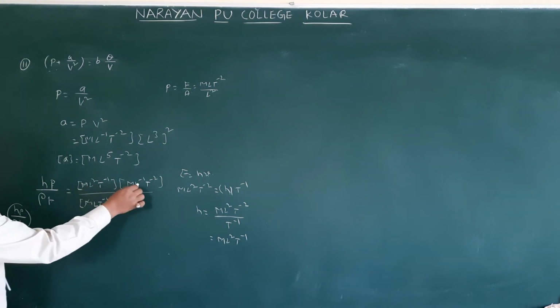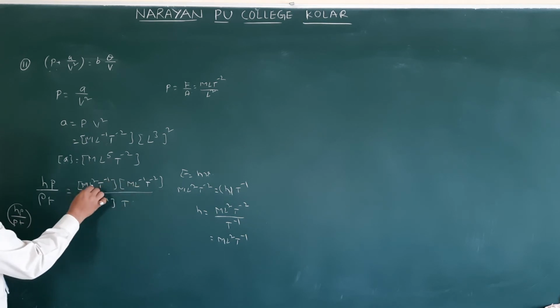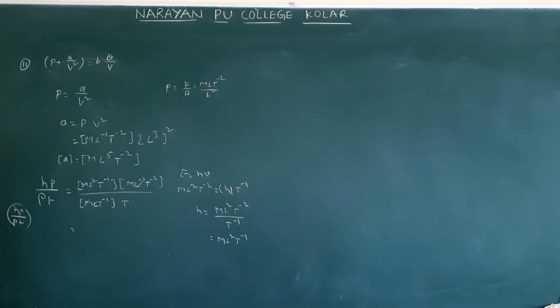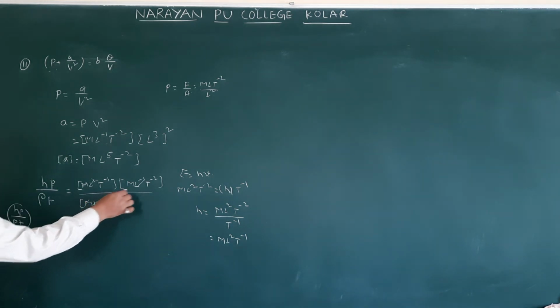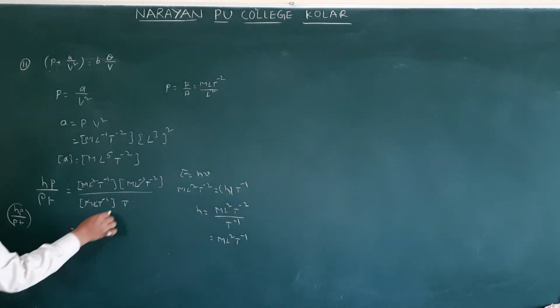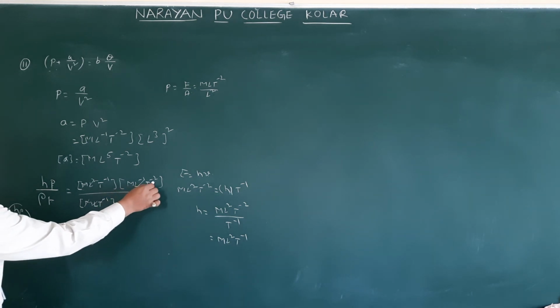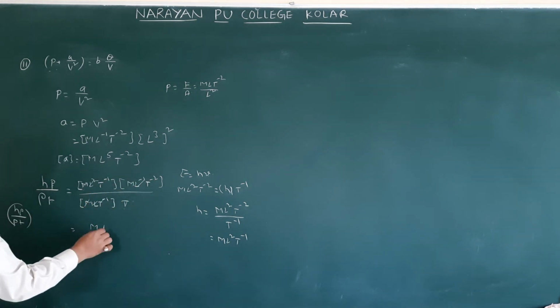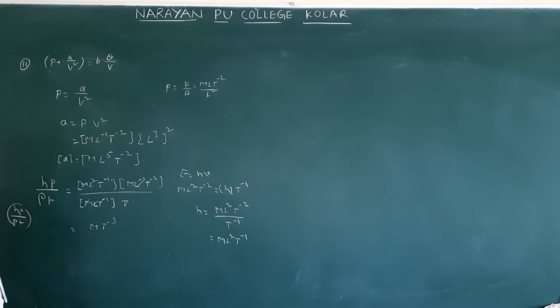So L² L^-1 is L, and L will be cancelled, leaving T^-1. Then T^-2 and T^-1, so T^-3 you are getting, but this is not there in the options. If you do it the other way, you will get the answer. That is nothing but the third answer.